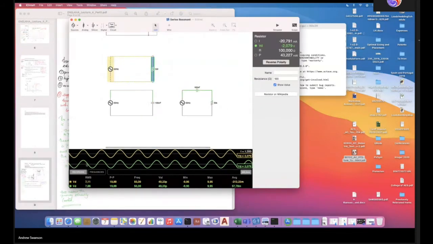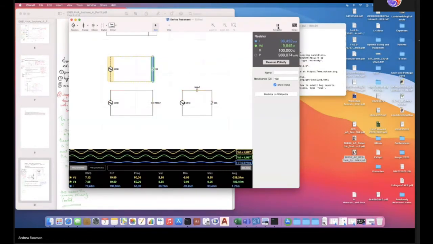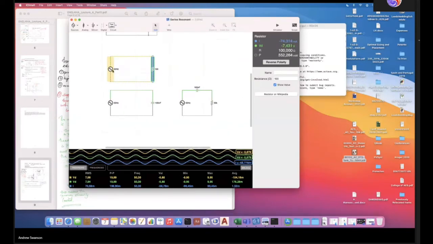Right there, you can see your voltage is in phase. It's the same voltage. If you looked at the current, it's also in phase. So the yellow is your source voltage, the green is the voltage across the resistor, the blue is the current through the resistor.